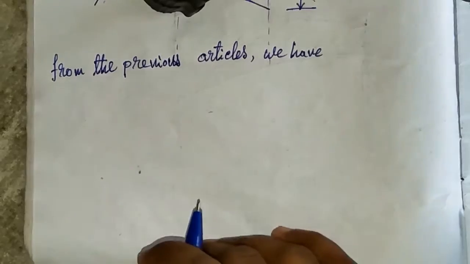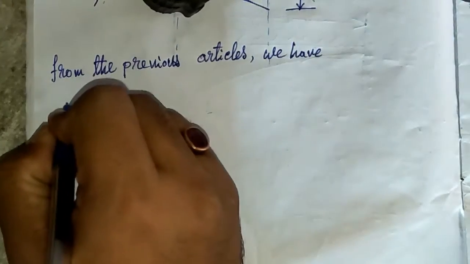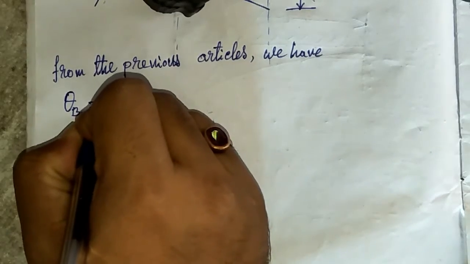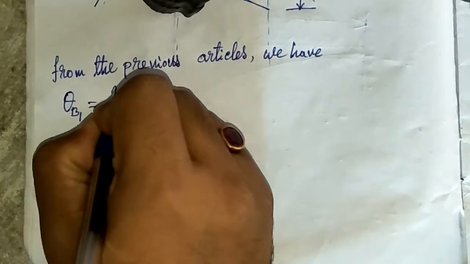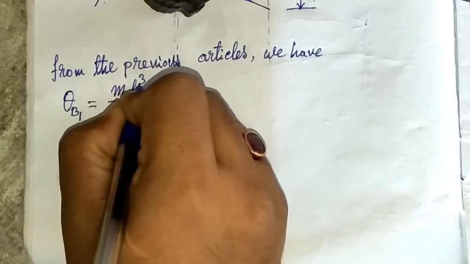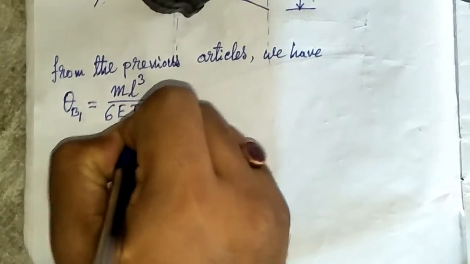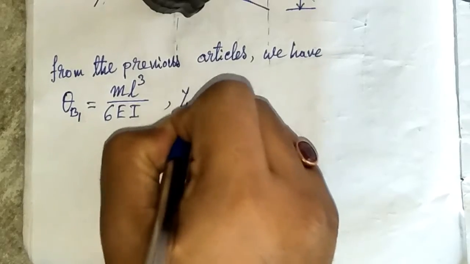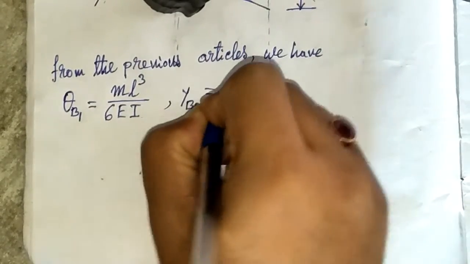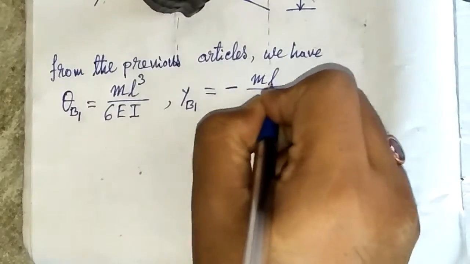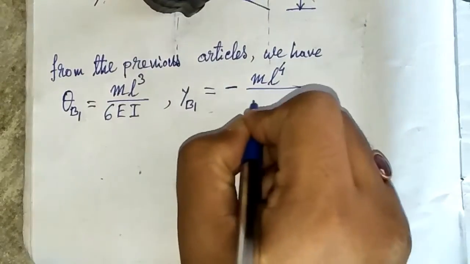So from the previous articles we have theta b1 equals m L cube by EI, and yb1 is minus m L to the power 4 by 8 EI.